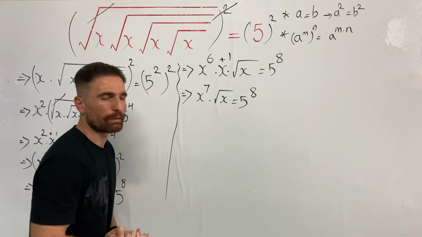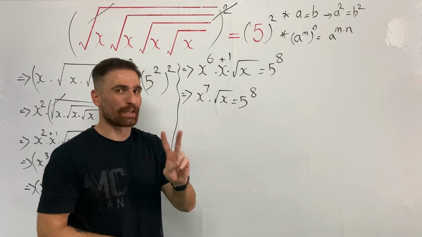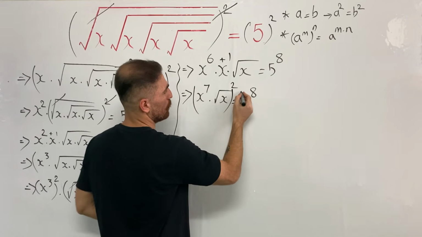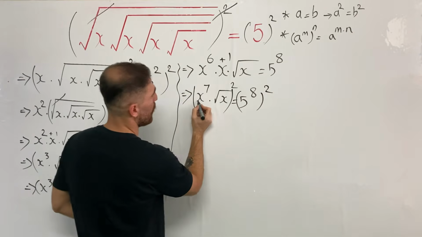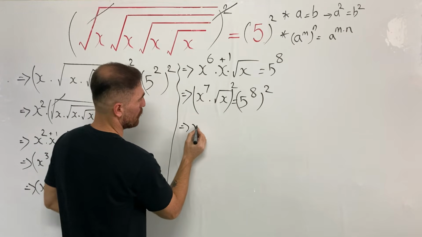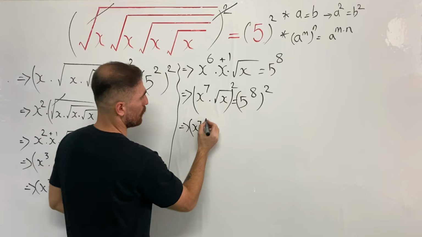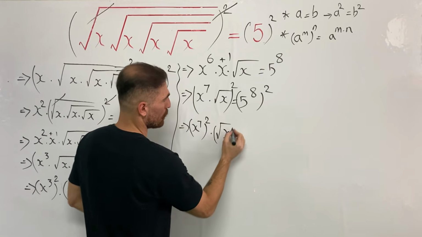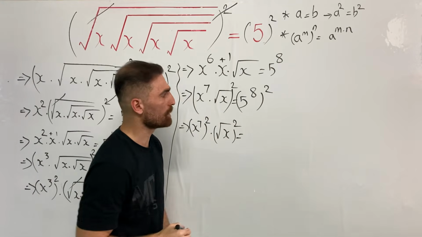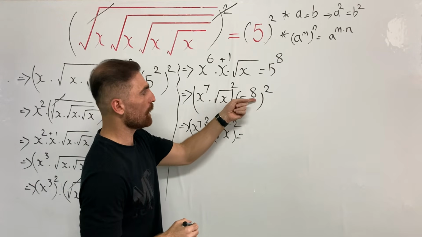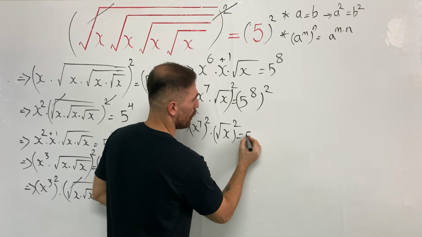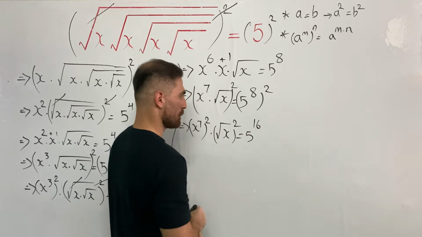And one more time, raise both sides to the power of 2. So x to the power of 7 to the power of 2 times second root of x to the power of 2 equals 5 to the power of 8 times 2, which means 5 to the power of 16.